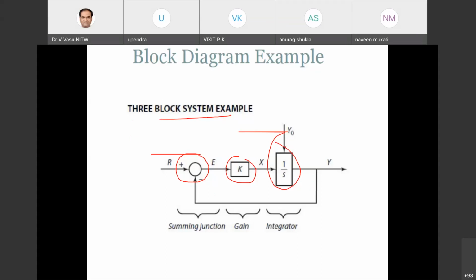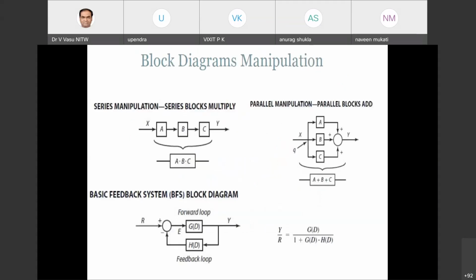Okay, if you want to represent any real system in the form of a block diagram, different reduction techniques are used depending on whether the systems are connected in series or in parallel, or whether we have a feedback system, negative feedback or positive feedback.